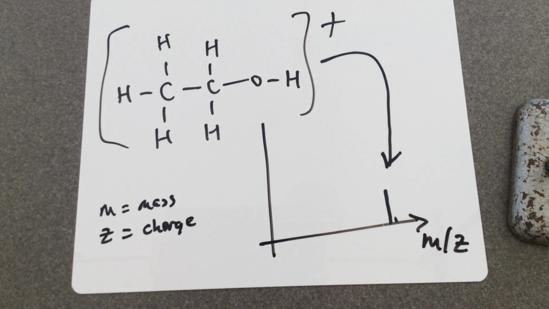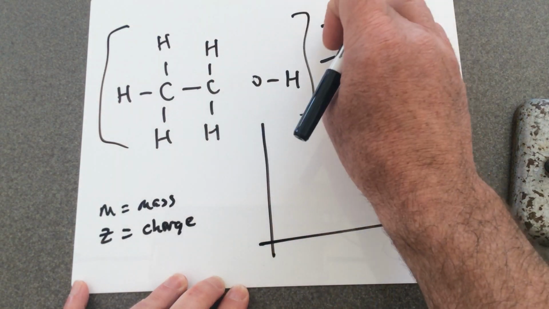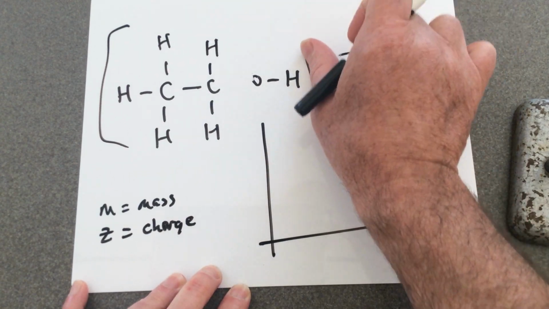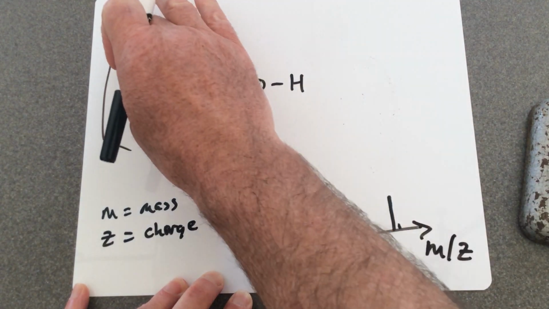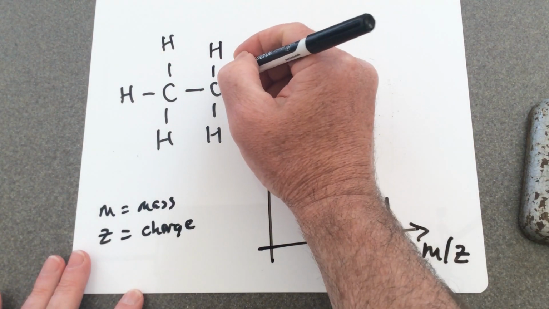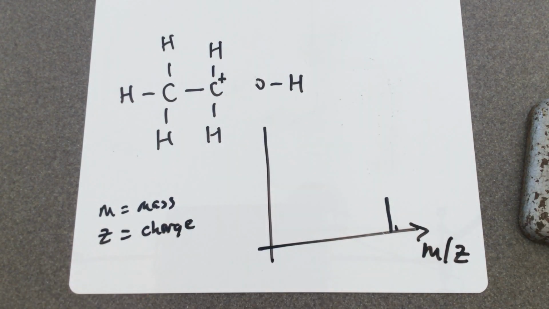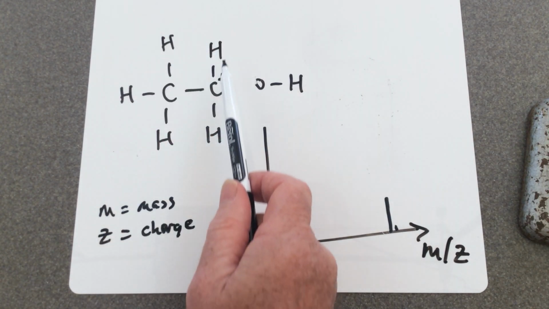Now, we talked about the idea of fragmentation ions. A fragmentation ion occurs when we break bonds inside the molecule. So let's go back a step to our original molecule. Let's imagine I'd broken that carbon-oxygen bond and I'd created this fragmentation ion.